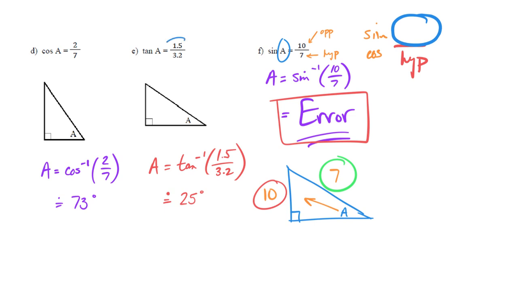Notice back in question E, my top was smaller than my bottom. D, my top is smaller than my bottom. No problem. F, my top is bigger than the bottom. We have a problem. What that also tells you then, if I was to change those into decimals, my first fraction is going to be a 0 point something because the top is smaller.